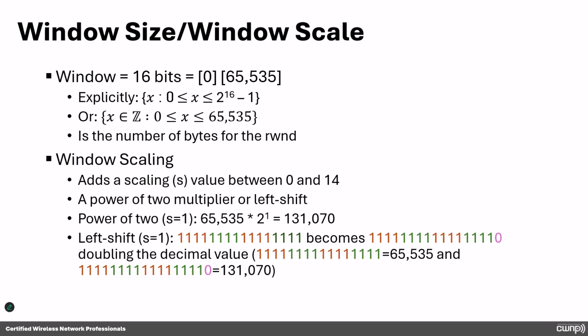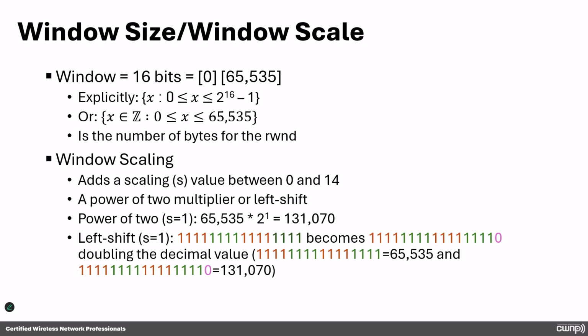Another way you can do this, which is a really cool little trick at the binary level, is to understand that if the window size is using scaling, it probably means we want more than 65,535. Well, if you do have 16 ones, and your scaling factor is 1, then all you do is add a 0 to the right side of those 16 ones. That shifts them all to the left by 1, but it puts a 0 at the end.